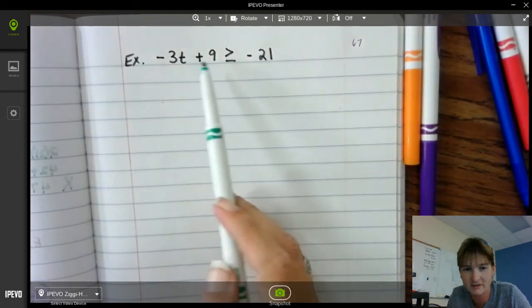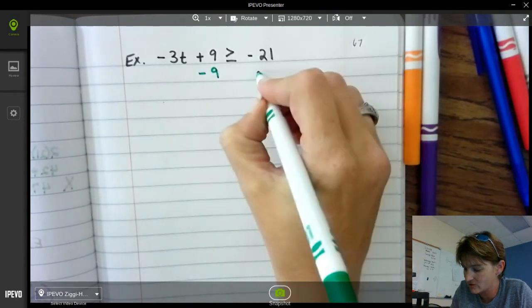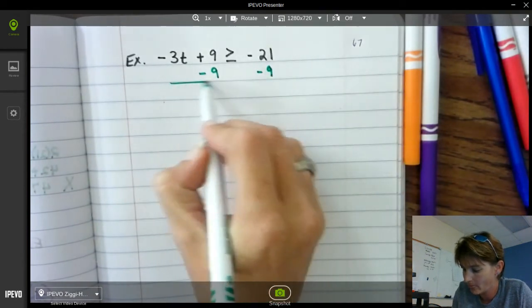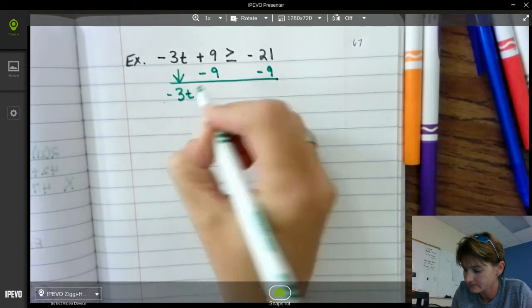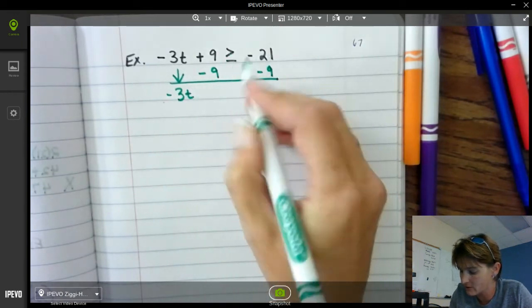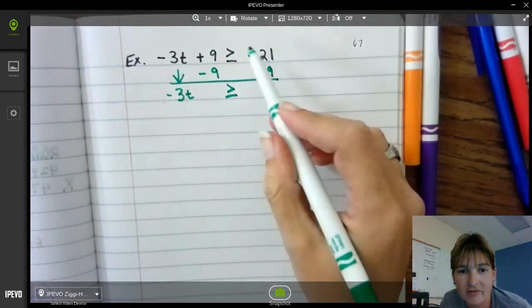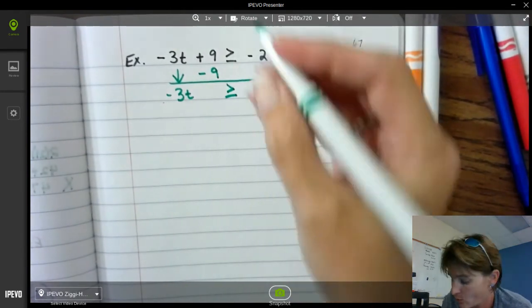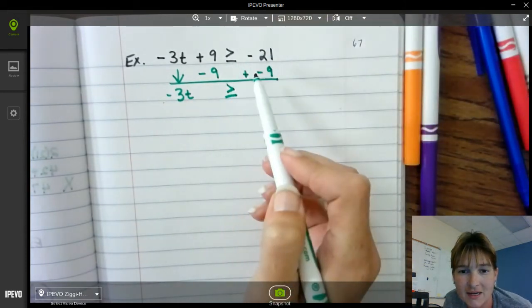We have a positive 9 here, so we subtract 9 on both sides. We didn't do anything with our negative 3t. Our greater than or equal to sign is still there. And look, we have two negatives that we are putting together, so we are adding two negatives.